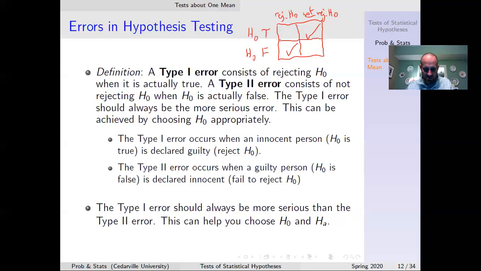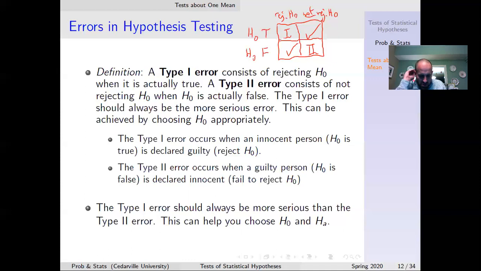Well, a type 1 error consists of rejecting the null when it is actually true. So this is a type 1 error right here, okay? All right, a type 2 error consists of not rejecting the null when the null is actually false. That's a type 2 error.